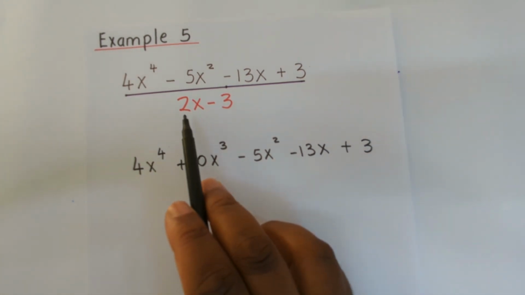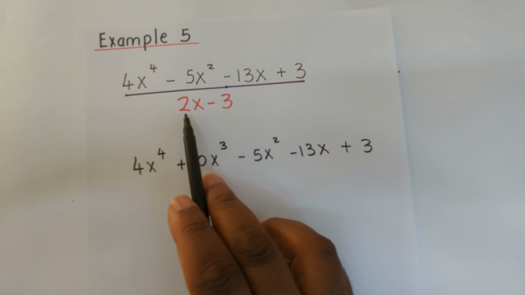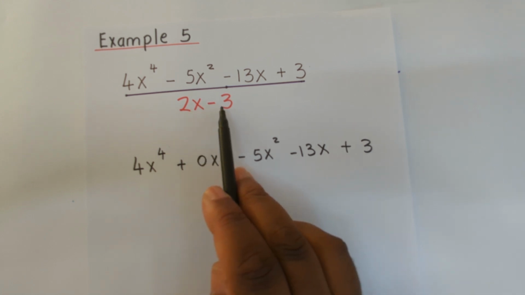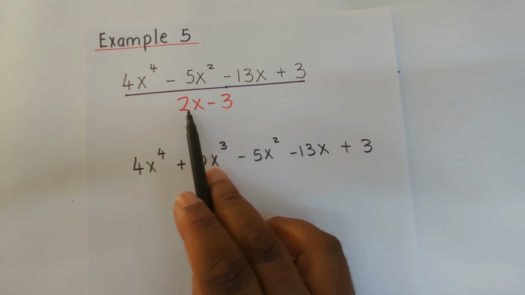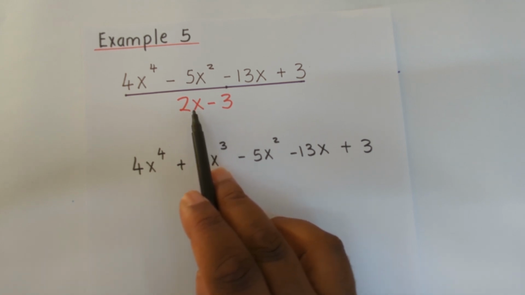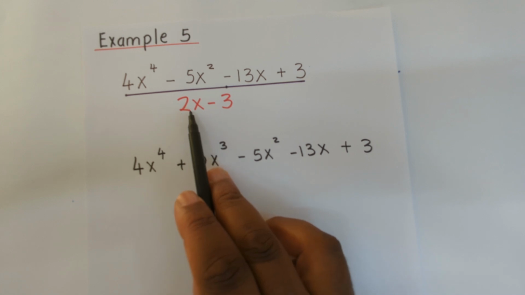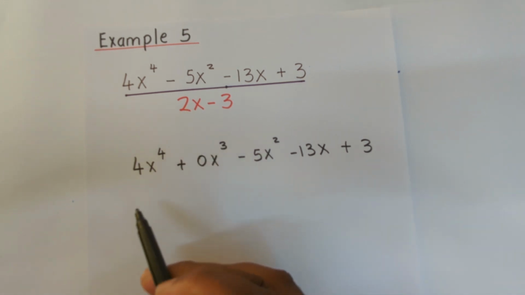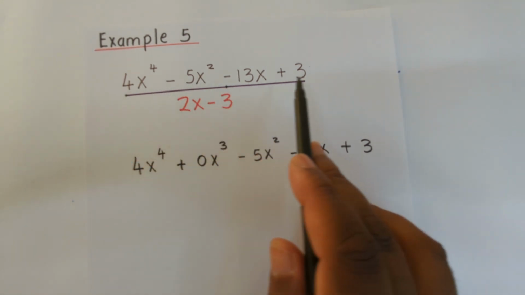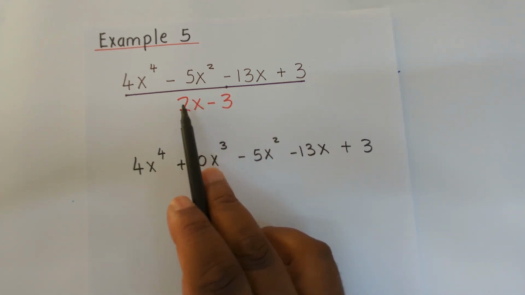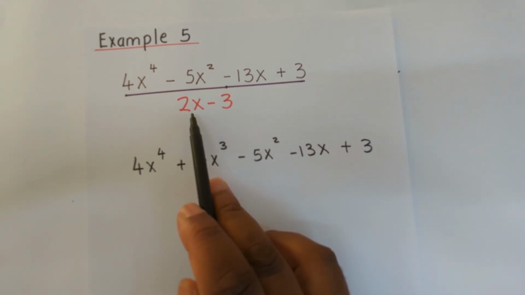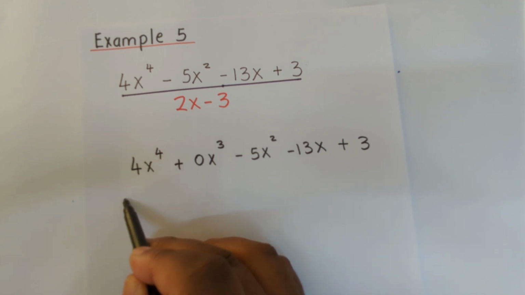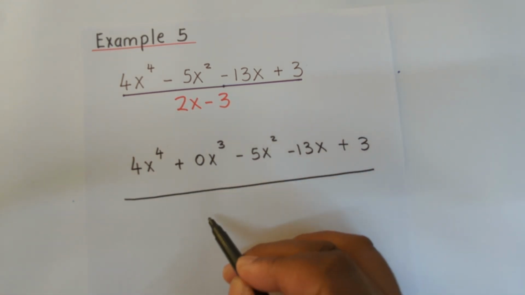And also if you check our divisor, which is 2x minus 3, you will see that the coefficient of x in our divisor is not 1. The coefficient of x is 2. So what we need to do is to divide each and every term by this coefficient of x from our divisor, which is 2.